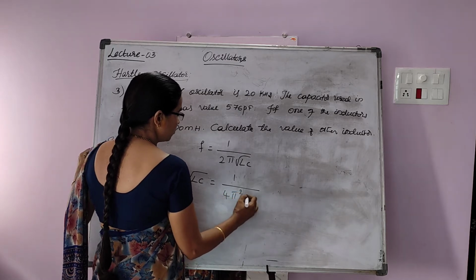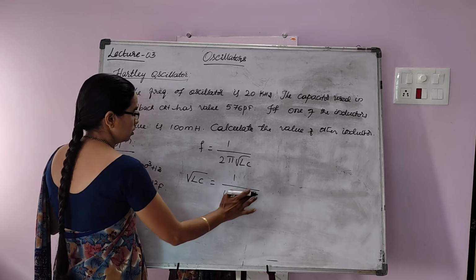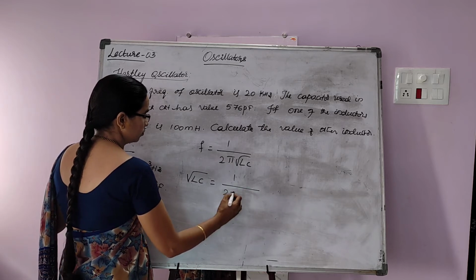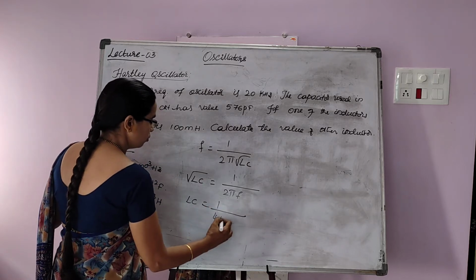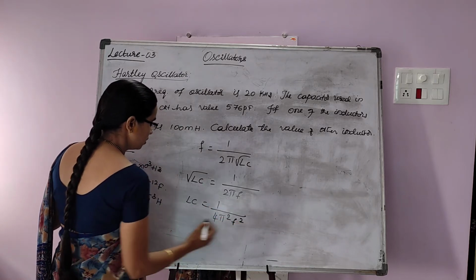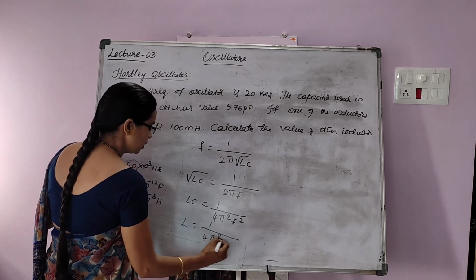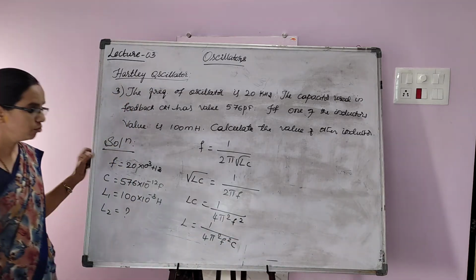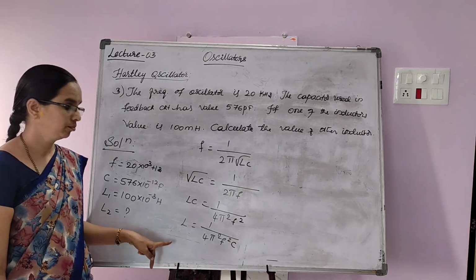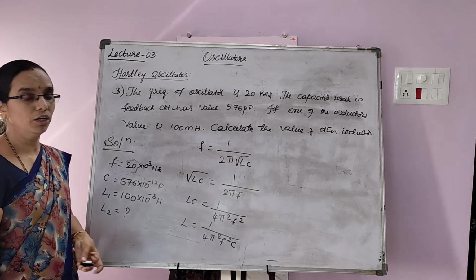Root LC is equal to 1 by 2 pi F, so LC is equal to 1 by 4 pi square F square. L is equal to 1 by 4 pi square F square into C. So find out the value of L first, then you can substitute the value of L1 and find out the value of L2.